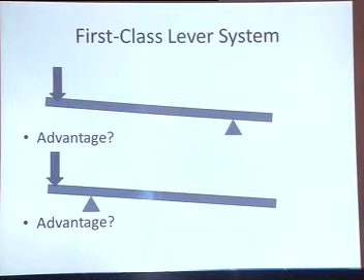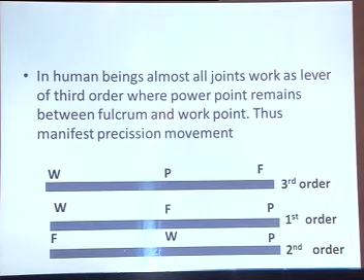This is the lever system, what is occurring in the body, that is the first class lever. If the fulcrum is away from the power, the effect is quite different from when the fulcrum is nearer to the power. In human beings, almost all joints are of third order. When we stand on one leg, when we are testing for the tendon work, that is the lever of first order.